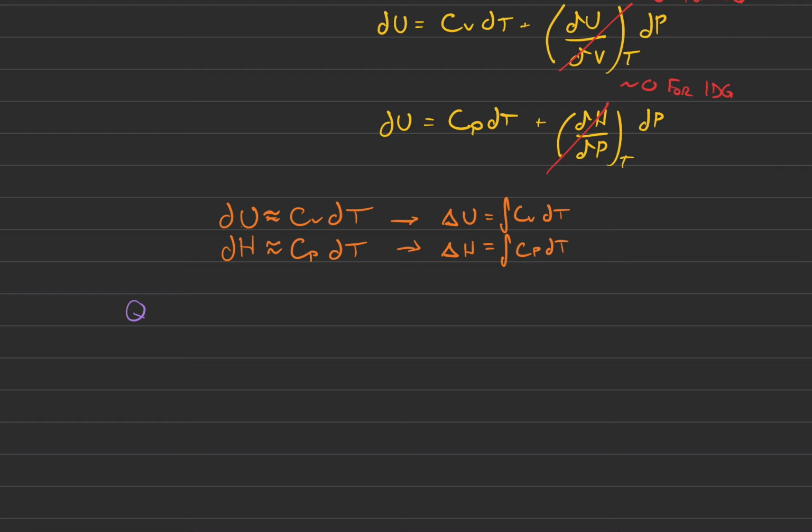So Q equals dH if it is a constant pressure process, whereas Q will equal dU if it is a constant volume process.